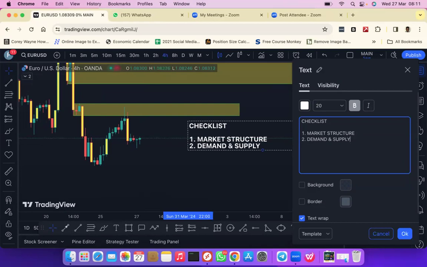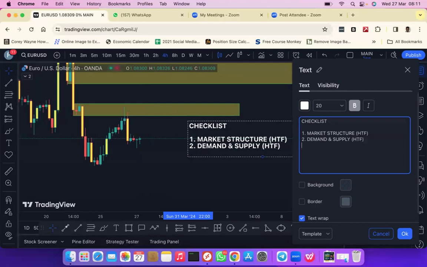In a bullish market, I'm looking for demand. In a bearish market, I'm looking for supply. This market structure is on the higher time frame, and the demand and supply zones that I'm spotting are also on the higher time frame.